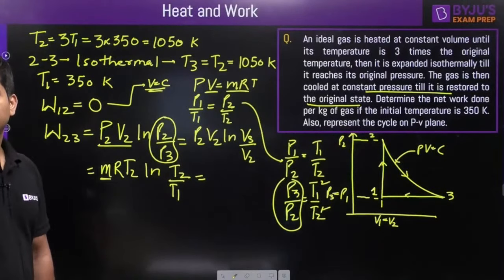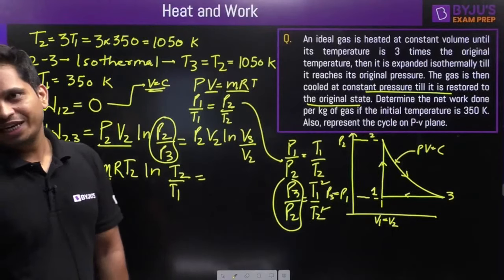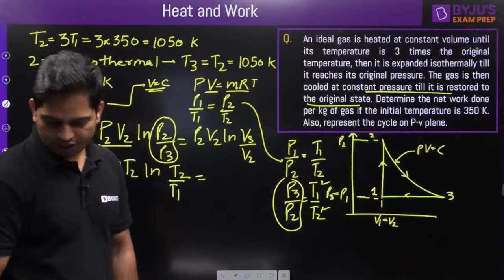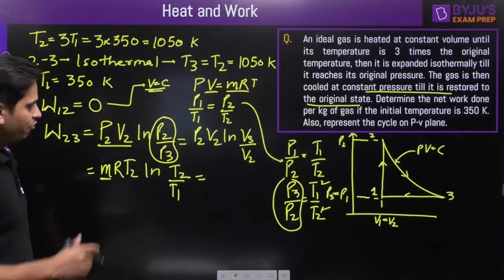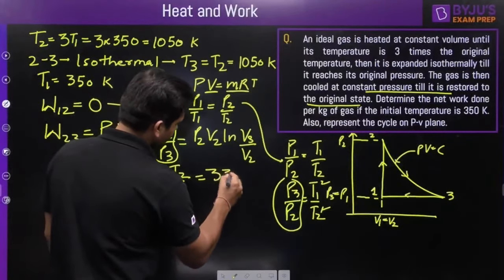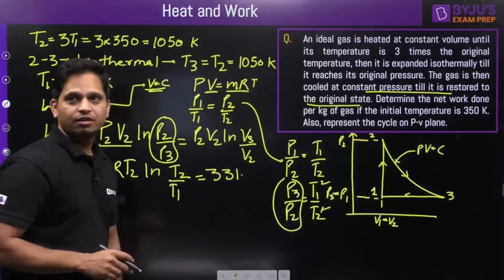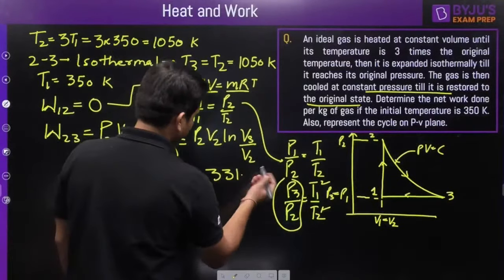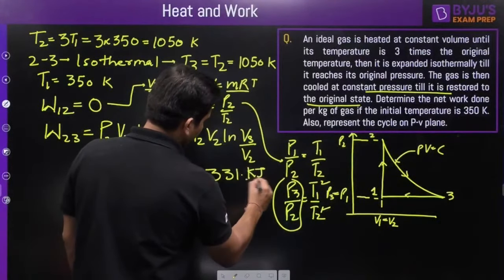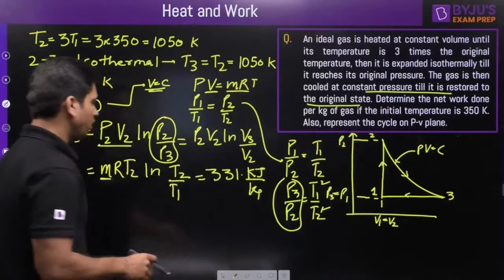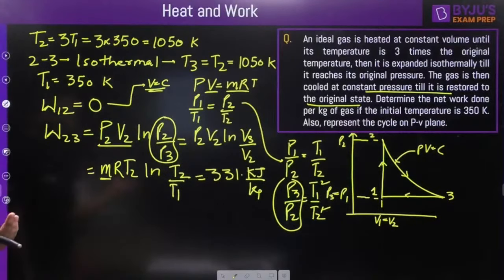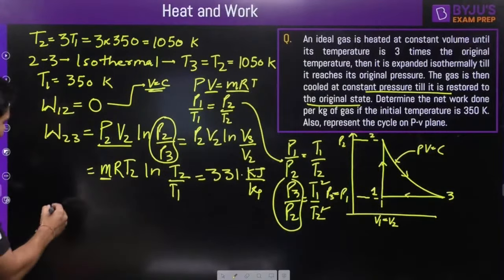Did you try this? Work 2-3 is 331.067. Yes, absolutely correct. 331.067 kilojoule per kg. Absolutely correct. Now, do I need to move ahead?